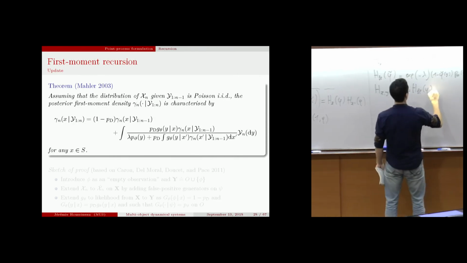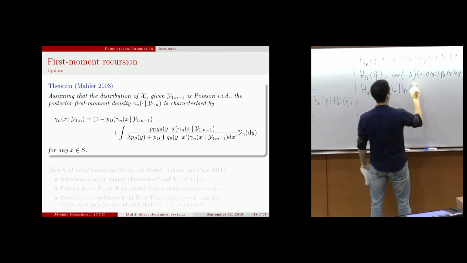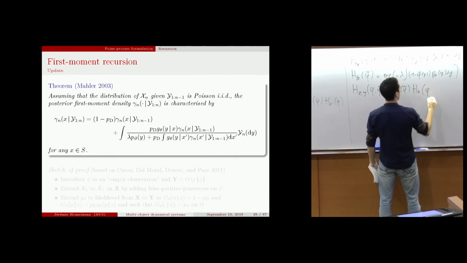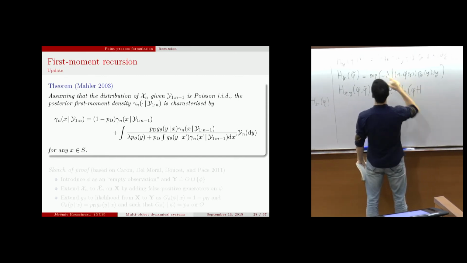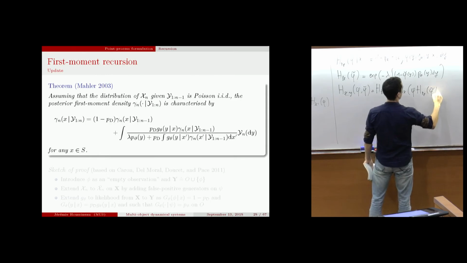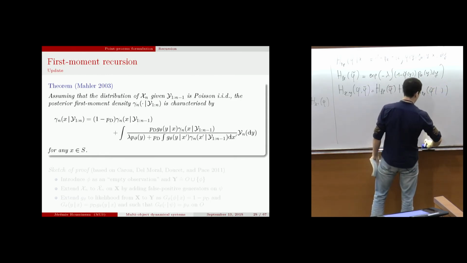All right. So that's for the observations, and again, the PGFL of the state, evaluated at the test function of the state, and also evaluated at the PGFL of the true positive this time, phi tilde, given this is just a dot, an ugly looking dot.